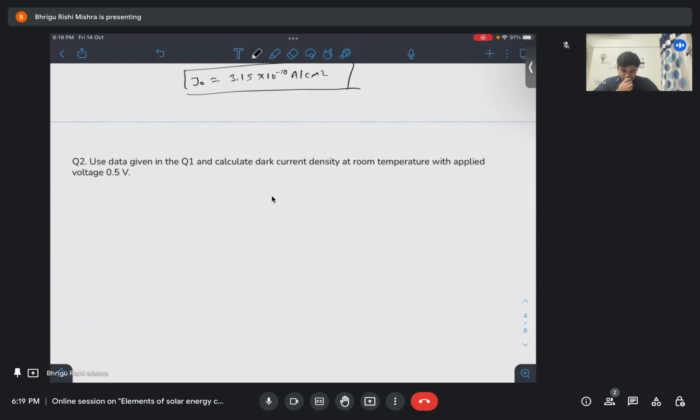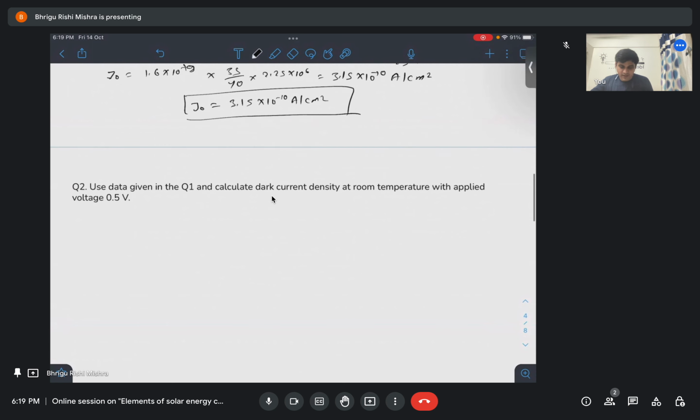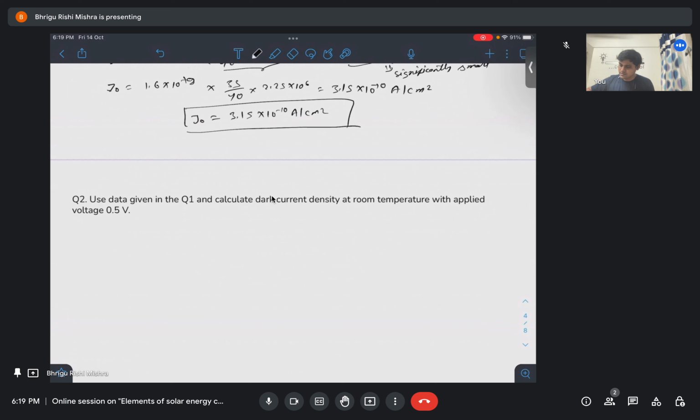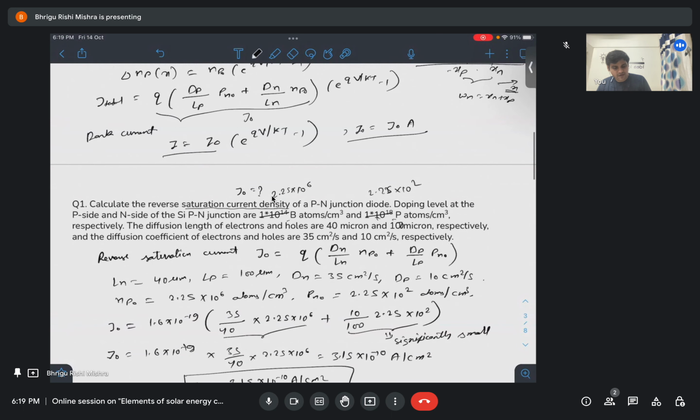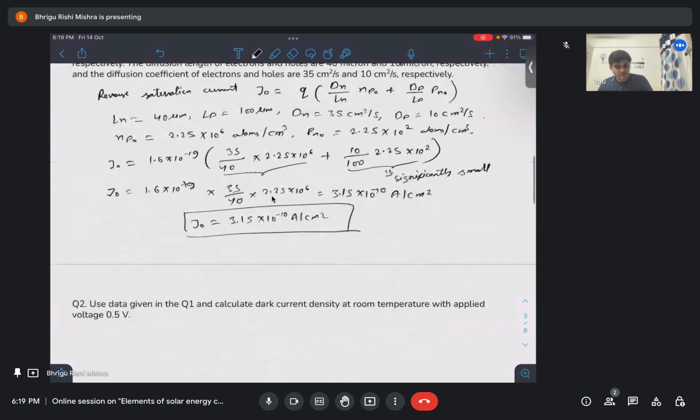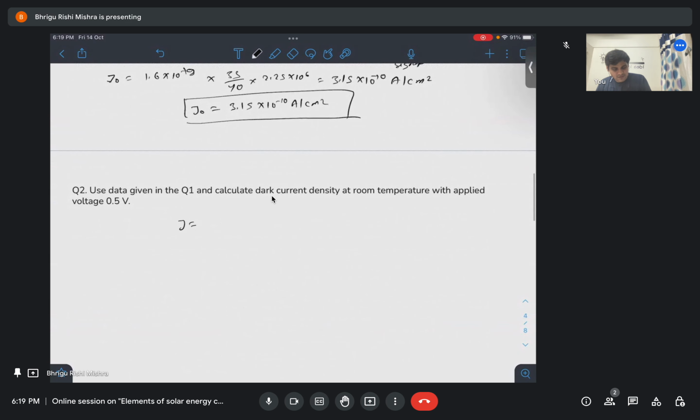Okay, so question 2: use the data given in Q1 and calculate dark current density at room temperature with applied voltage 0.5 volt. Dark current can be calculated as, so dark current density, it can be written as J equals J naught e to the power qV by kT minus 1.